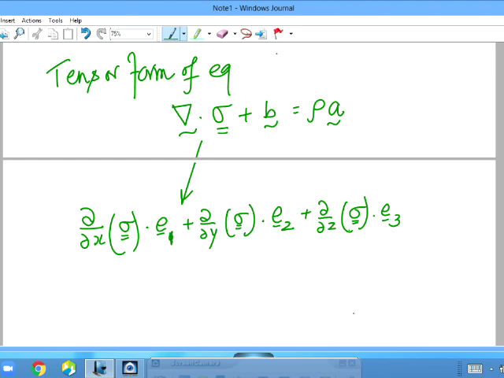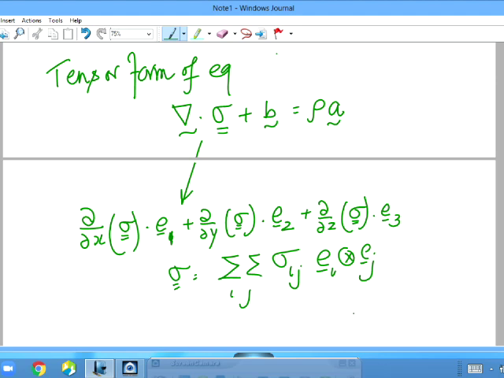And sigma also you will write in the Cartesian coordinate system. So sigma, for example, would be summation over ij sigma ij ei tensor product ej, where e1 is the x direction, e2 is along y direction, and e3 is along z direction.